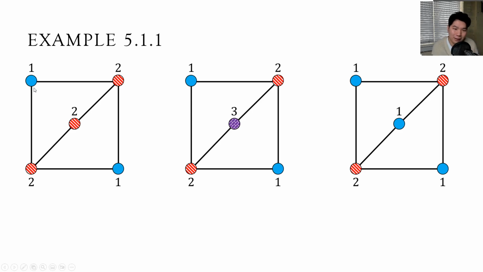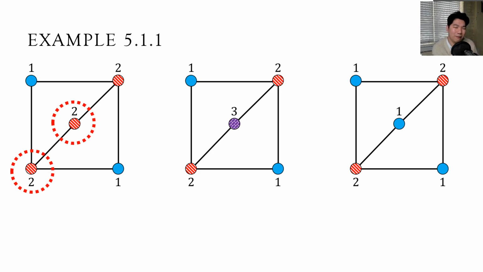I have the color 1, and then I have the color 2, which I use this sort of striped pattern here. So if I look at this, this is a 2 coloring. I used 2 colors to color my vertices. However, if I look at these 2 vertices in particular, for example, these are adjacent, but they have the same color.